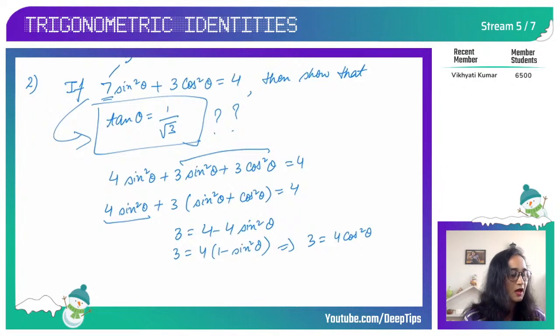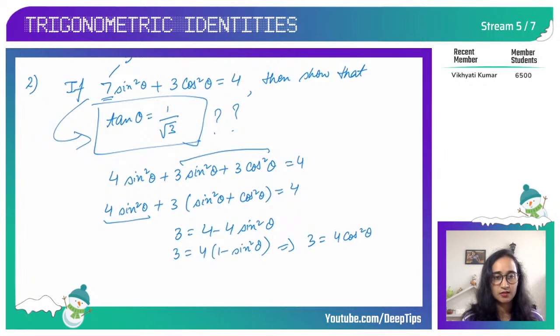The condition has sine square theta and cos square theta, but not directly. So I need to break that 7 in two parts, 3 sine square theta and 4 sine square theta, so that I can club 3 and take 4 sine square theta on the other side, so that I get some cos square theta.